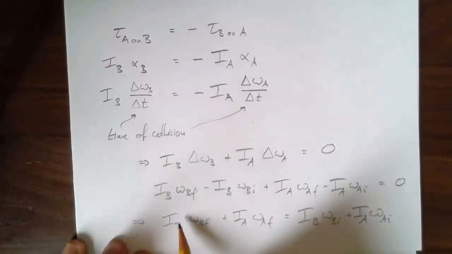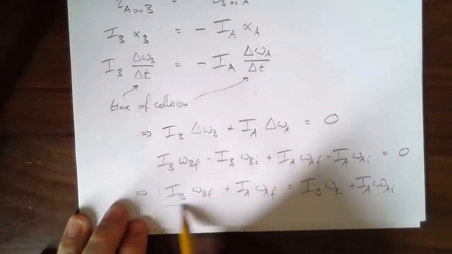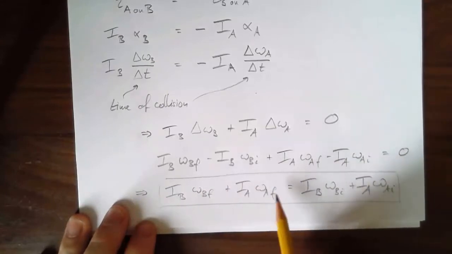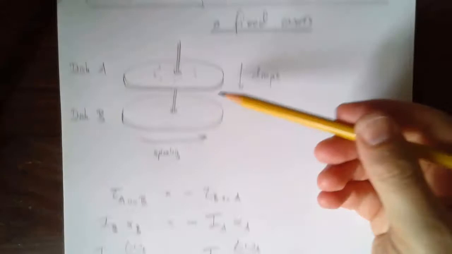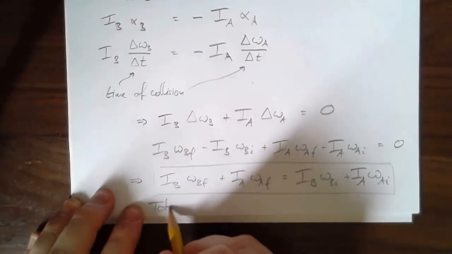So we're going to call this quantity the angular momentum. So our statement right here, for two spinning objects that are free to spin around the same axis, like those two disks, is saying the total angular momentum is conserved.